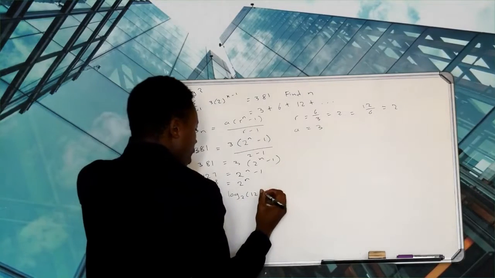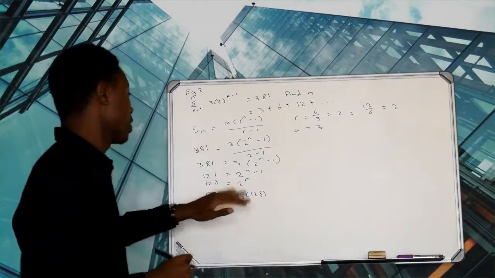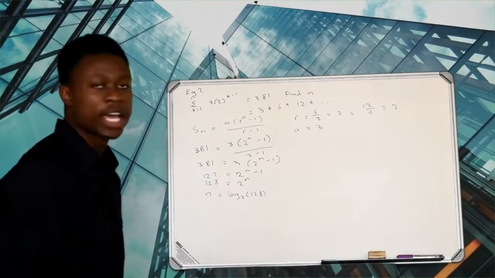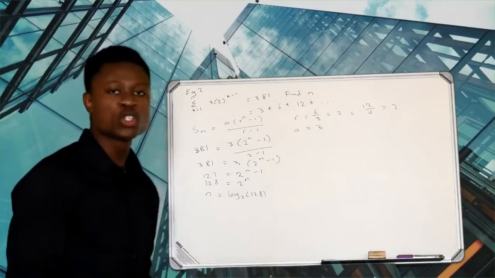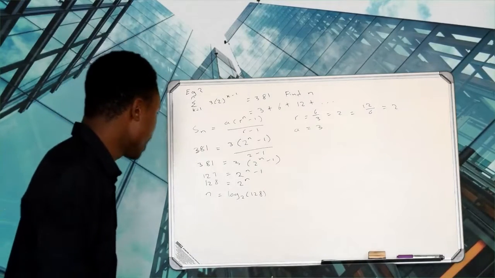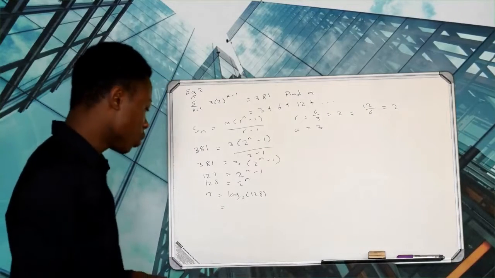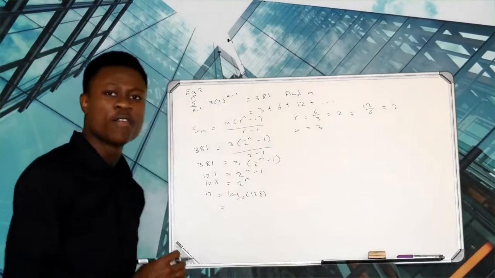And that's how I have 128 over here. Sorry, my bad, I made a mistake over there. I added 1 in this before. Okay, so now I have log 2 of 128, which is equal to, just put it in your calculator and see what value you get.